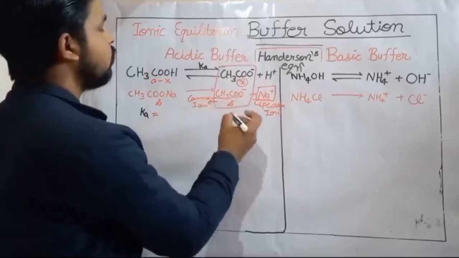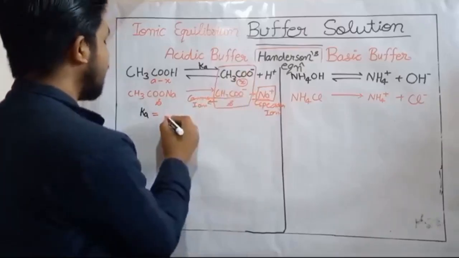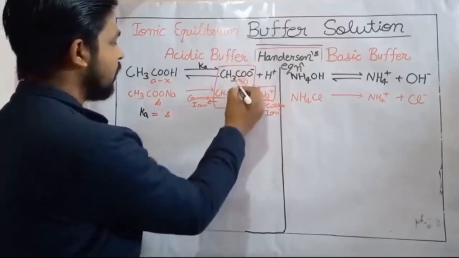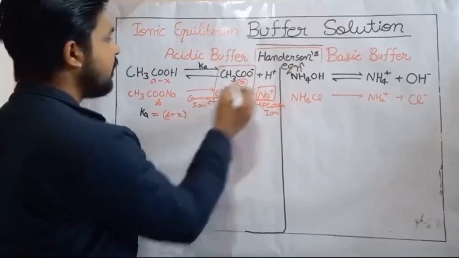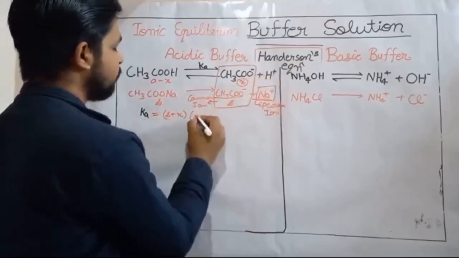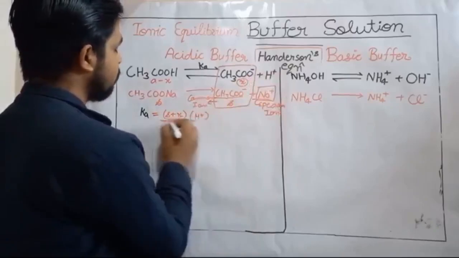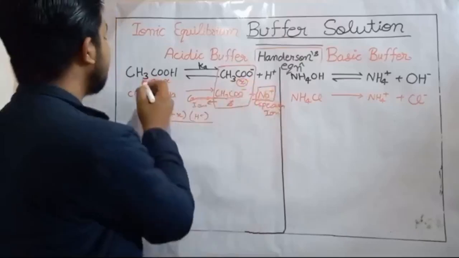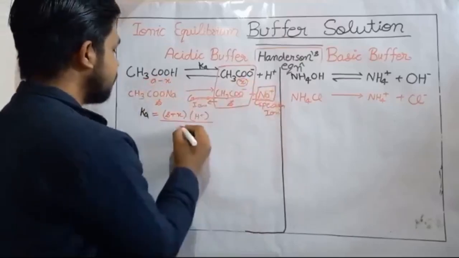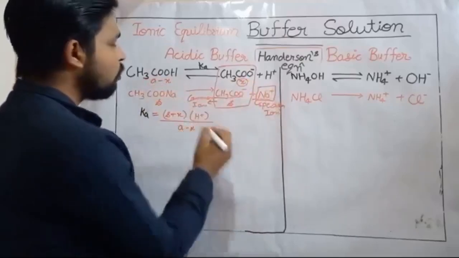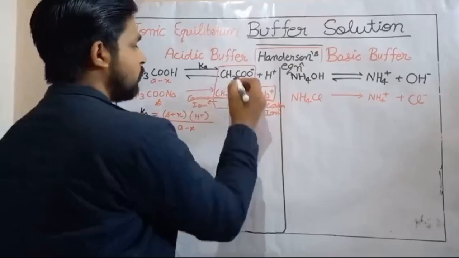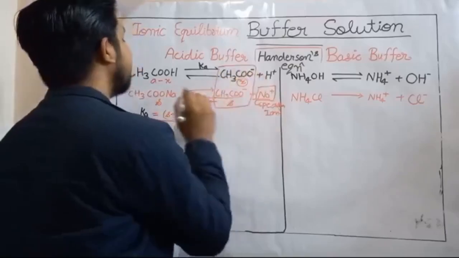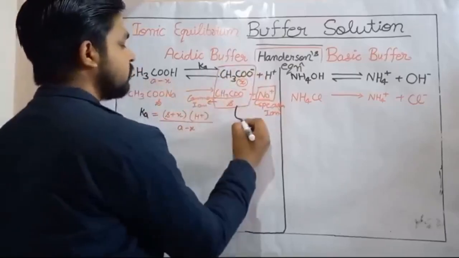So the concentration of CH3COO minus we can write here as S plus X, then the H plus concentration, and here the reactant concentration is A minus X. From the common ion effect it is observed, student, that the formation of CH3COO minus ion from the weak acid is very less.